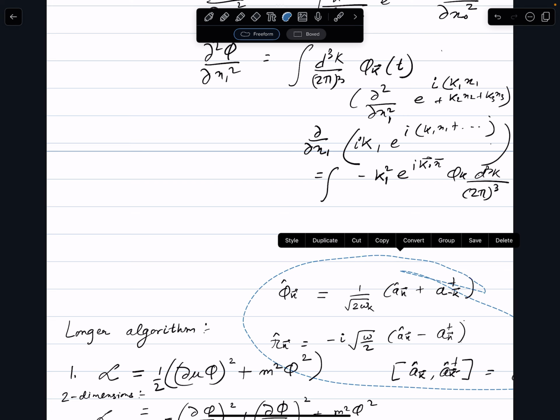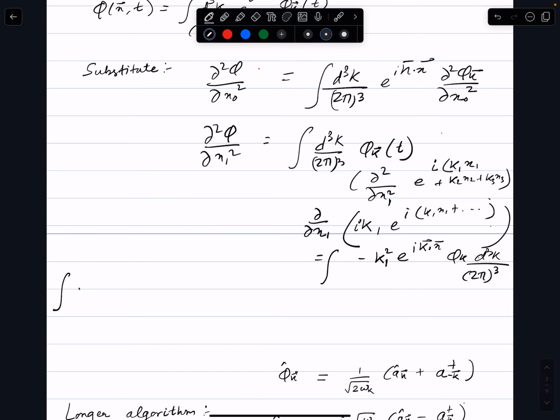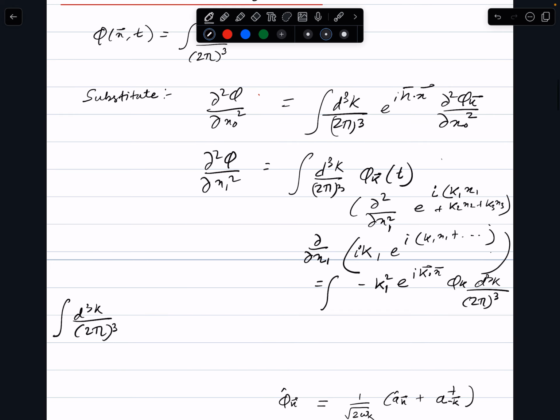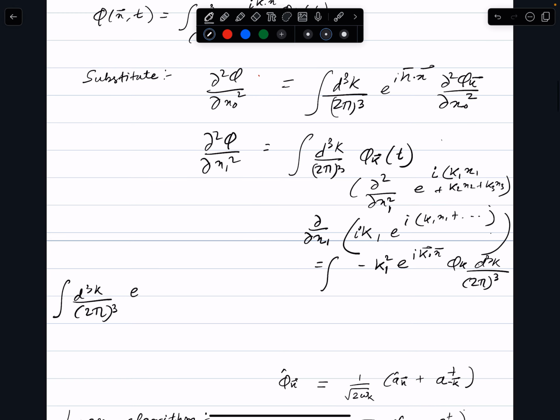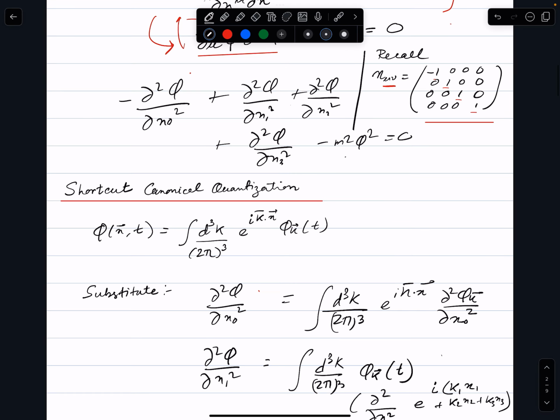So the final upshot will be, I get an equation with d^3k over 2π. We have already done the one-dimensional version of this, but now we are doing it in 3 dimensions. And we have e^(ik·x) from the first term, which was minus ∂²φ/∂x², we get this.